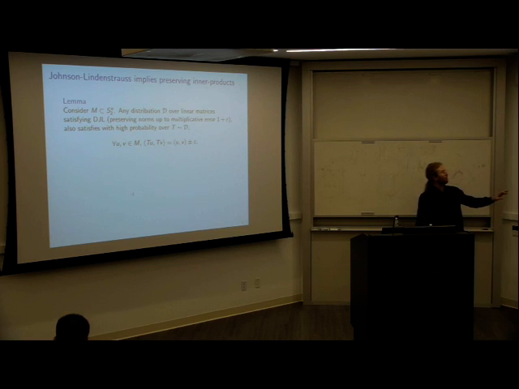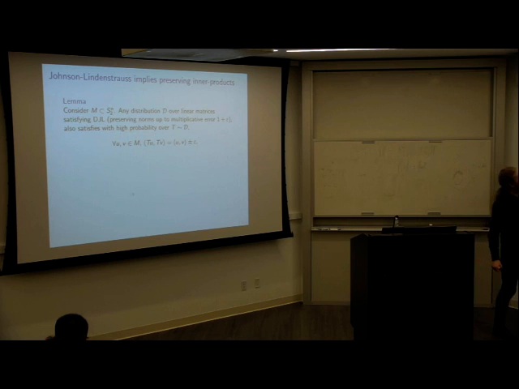I want to say that I actually have something stronger. Not only do I preserve all the norms, I also preserve all the inner products between all the pairs of vectors.